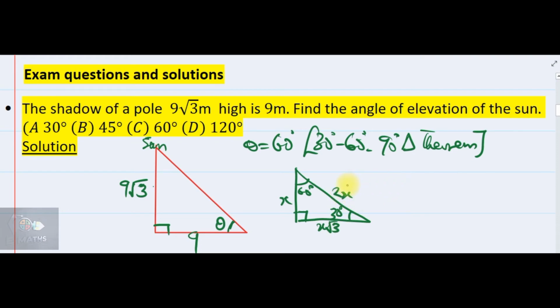So you can compare: for this to be 9, it means that here is 30, while that is 60. So you don't need to waste your time. Our answer is 60.